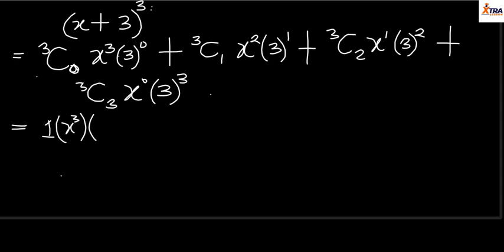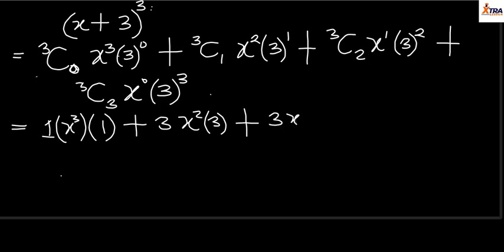When the 3 raised to power 0 is 1, plus, looking at the next one, we have 3 combination 1, which will give us a value of 3. Then we have x squared times 3. Moving on, we have 3 combination 2, giving us 3.